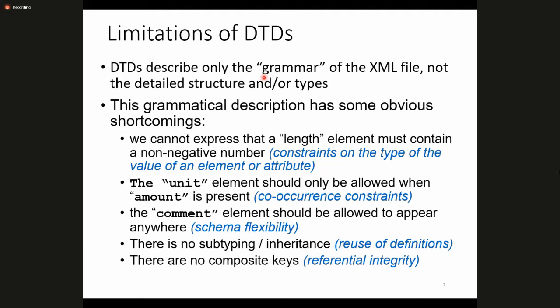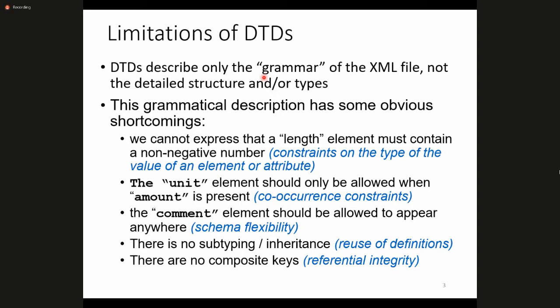This grammatical description has some obvious shortcomings. As an example, we cannot express that a length element must contain a non-negative number. The length is never going to be a minus value; it's always a positive value.